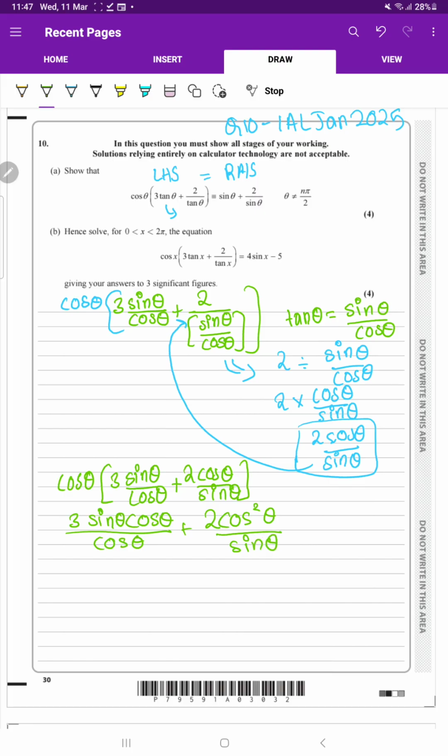Now over here you should notice that we want to eliminate all cos thetas.